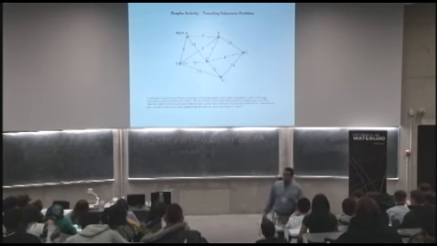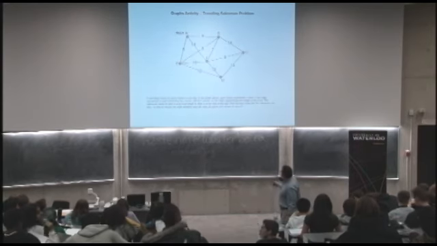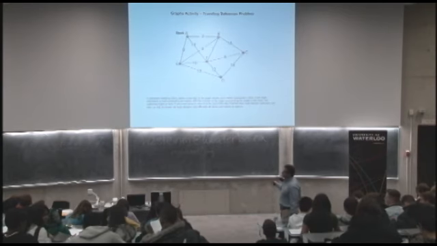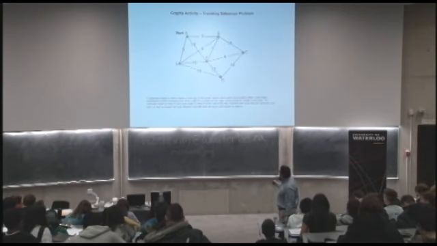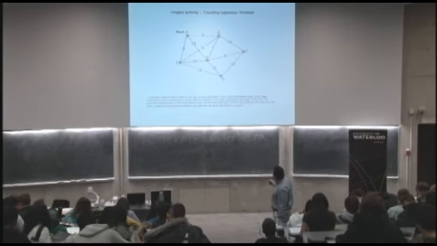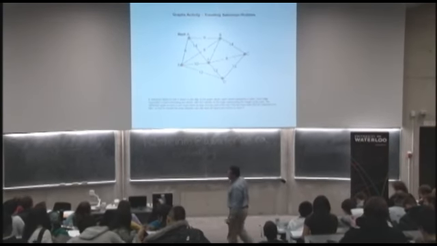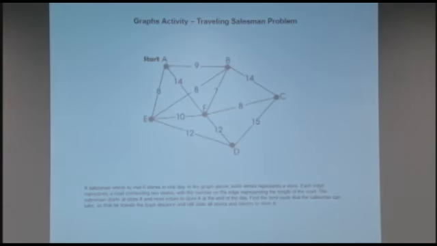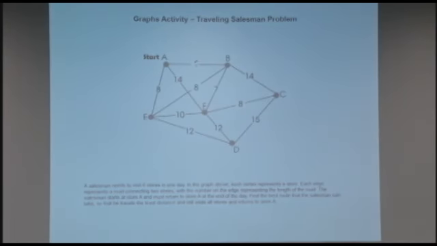And this problem goes as follows. So you have a graph where each vertex represents a store, and an edge between 2 vertices means that there's a road connecting these 2 stores, and the length of the road or the distance you have to travel is the weight of the edge.